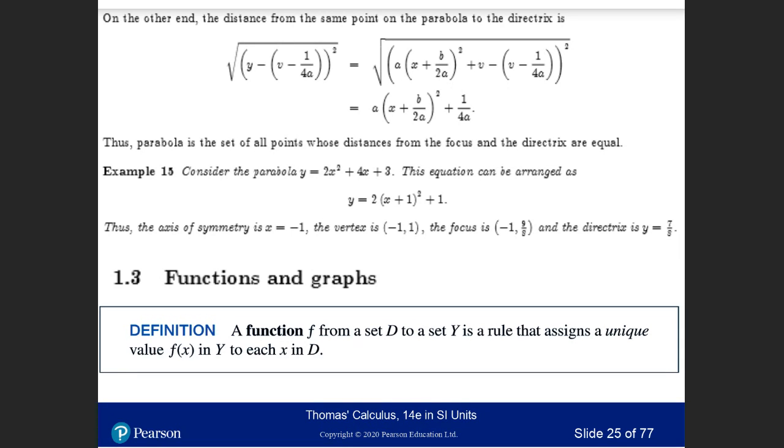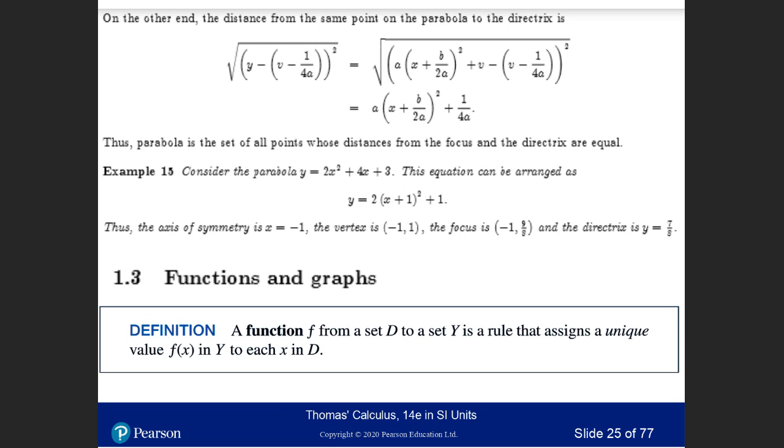And we have defined a parabola as the set of points which have the same distance from a given point and a given horizontal line. Now we are going to start with functions and the graphs of functions.